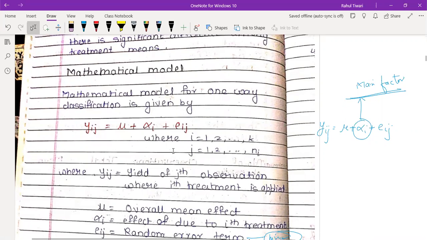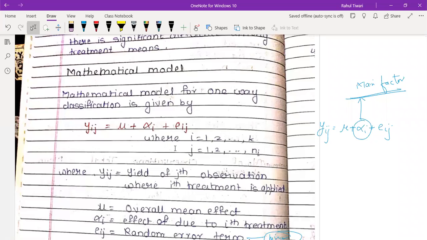So what happens? There is no error term in the model. It means the treatment which I have applied to the patient is very, very successful. Obvious, na? Meaning is that only, na?